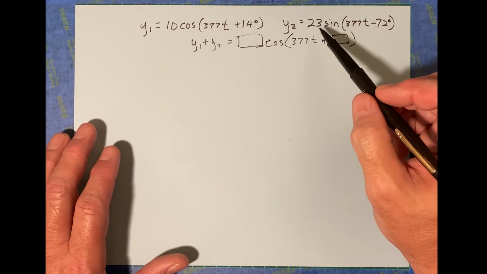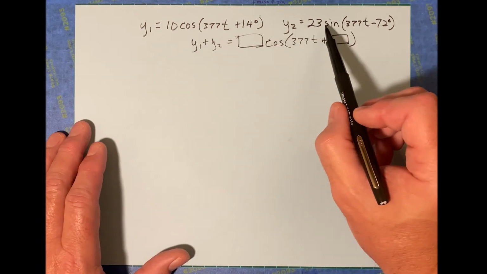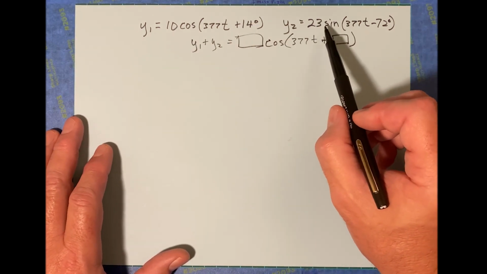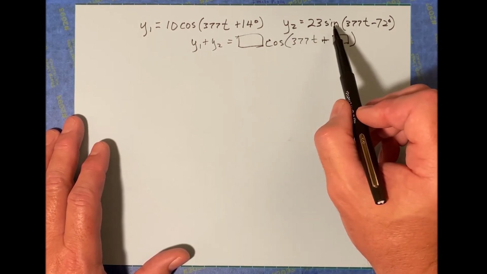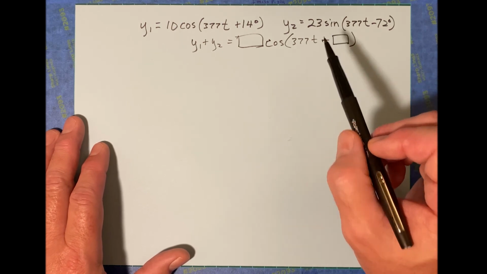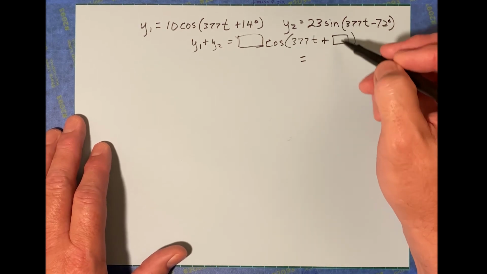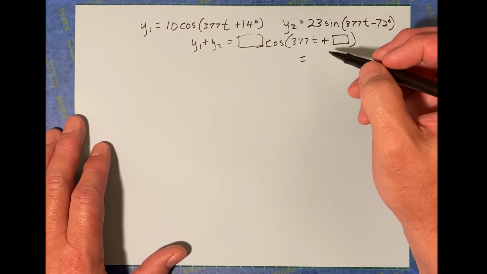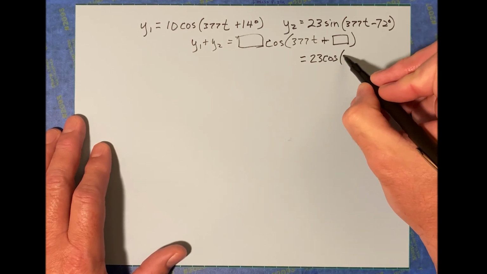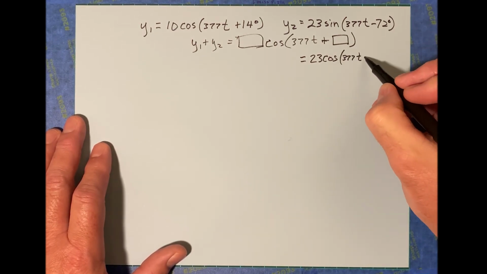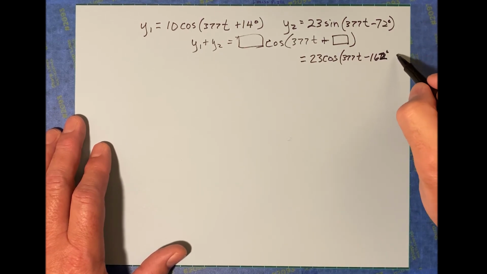All right, in order to accomplish this, probably one of the first things you need to do is convert either into sines and cosines. Since I said let's go all the way to cosines, then we need to convert this sine function here into a cosine function. If you don't know how to do that, that's probably something you should be able to do. This turns out to be 23 cosine 377t minus 162 degrees.